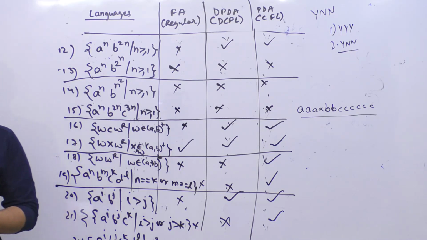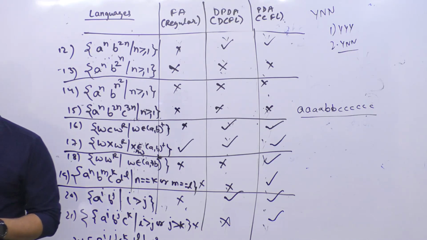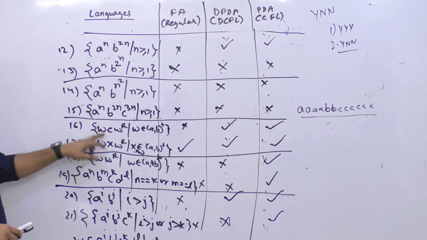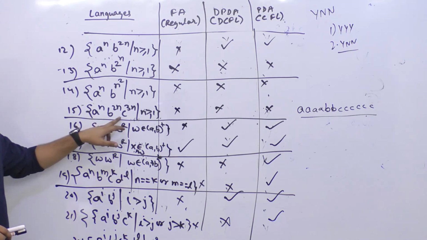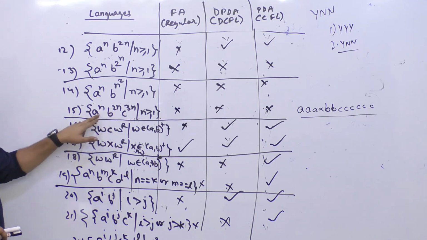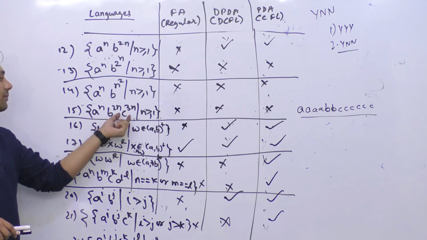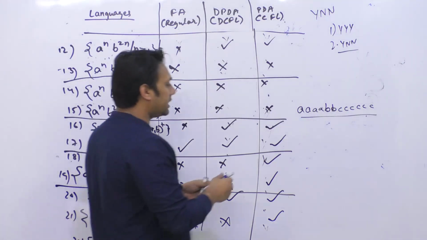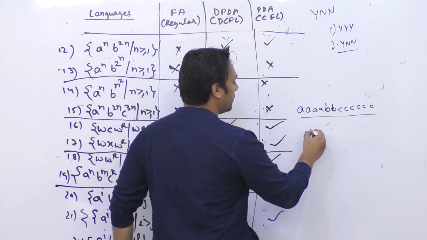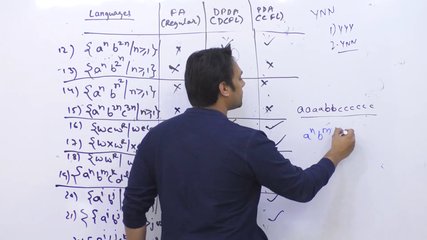Yes, C is always A plus B, but see, the language is A raised power n, B raised power 2n, C raised power 3n. You have to make sure that the number of B is double of A. So you are not comparing that, you are checking a different language. You are saying A raised power n, B raised power m, C raised power n plus m.